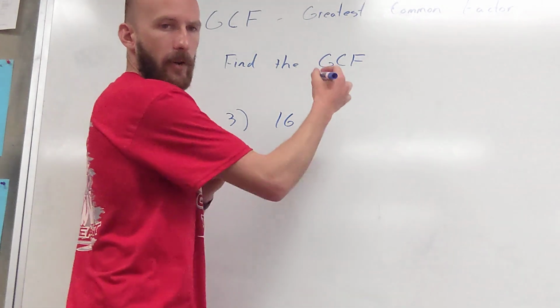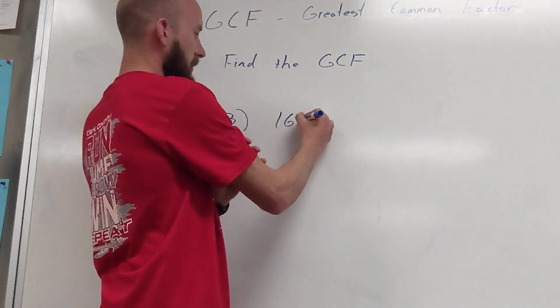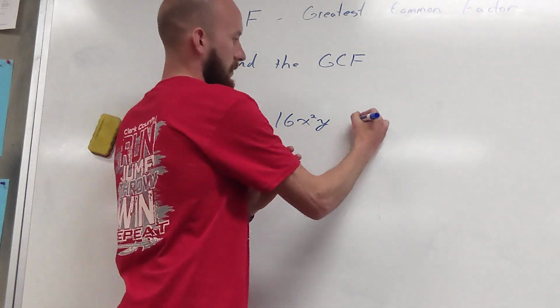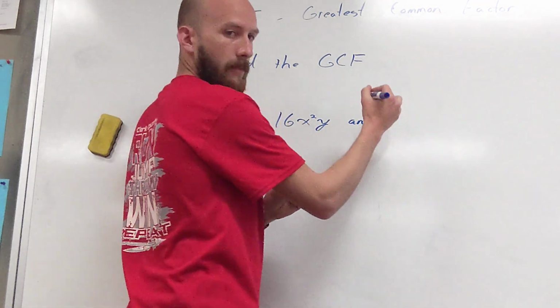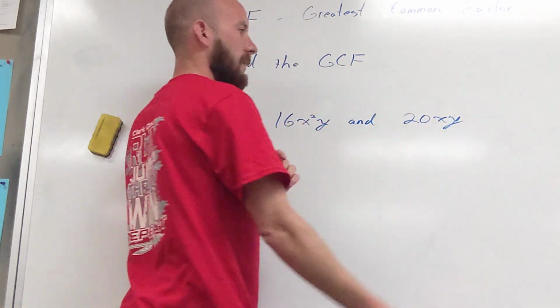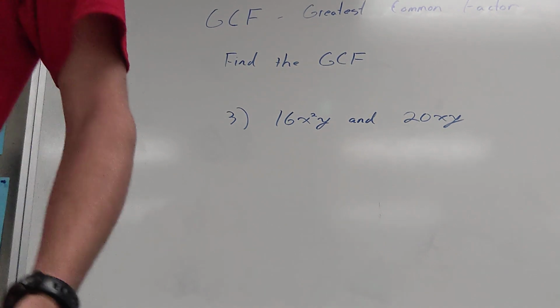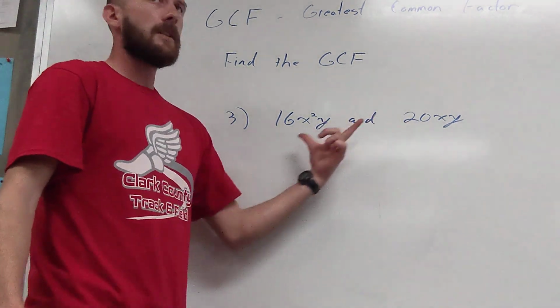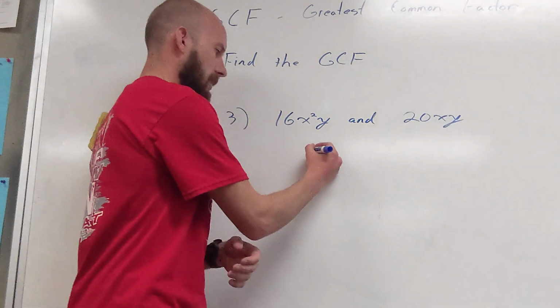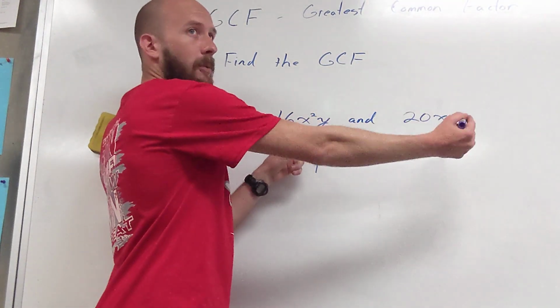For our next one, we're going to go up a little bit. We've got 16x squared y and 20xy. So look for the GCF of 16 and 20. That would be 4. And then I would just go variable by variable.